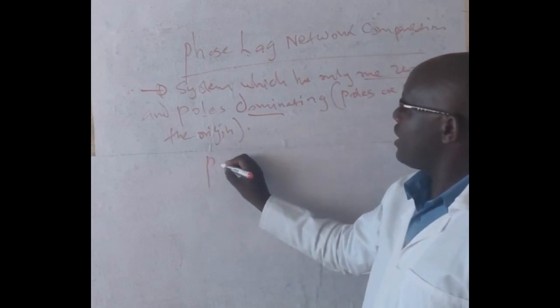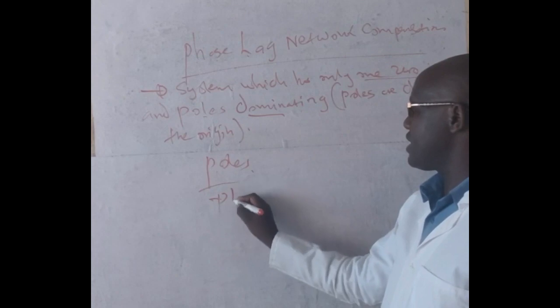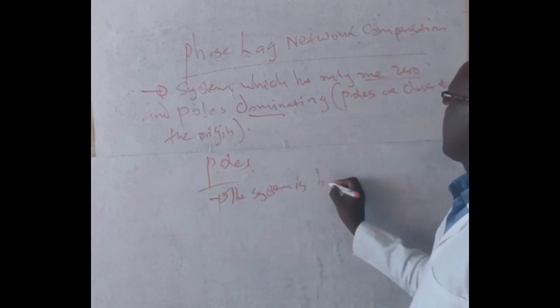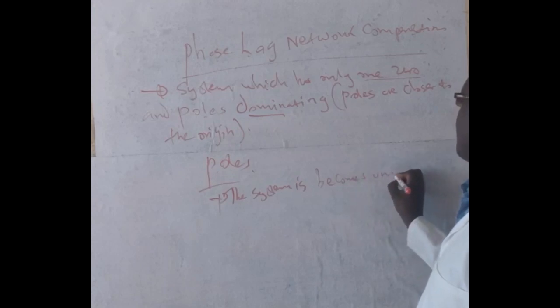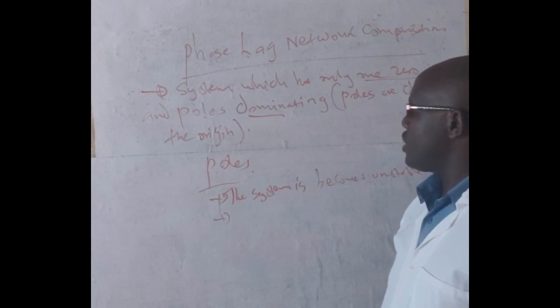Maybe you can just revise what we talked about regarding the poles last time. We say when we have the poles, the system becomes unstable, and again the response is slow.